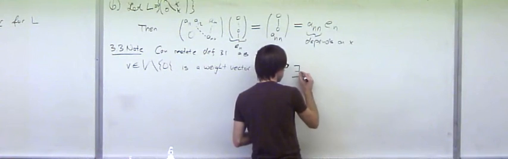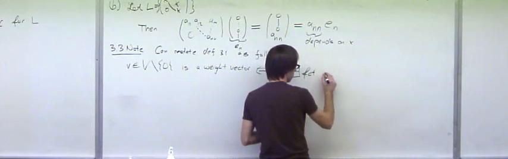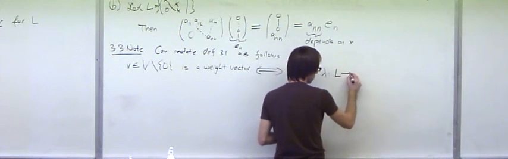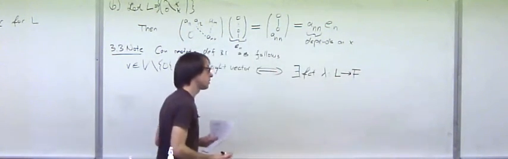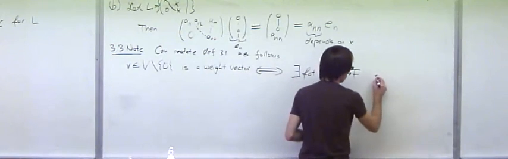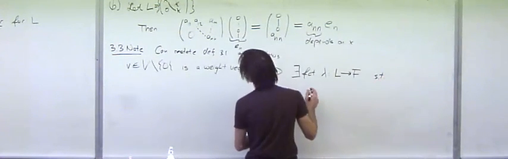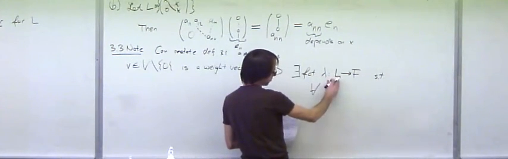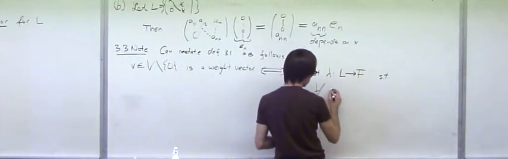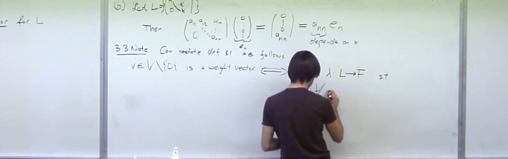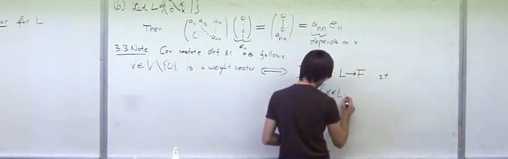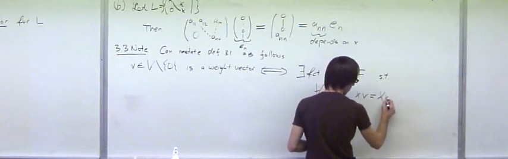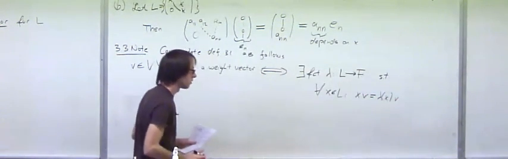There is a function lambda from the Lie algebra to the field such that the function associates with every matrix the corresponding eigenvalue. For all x in L, x v equals lambda of x v.